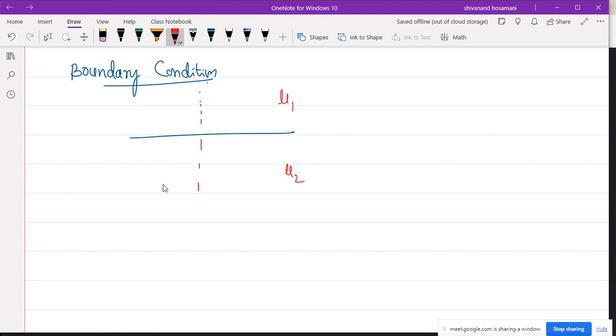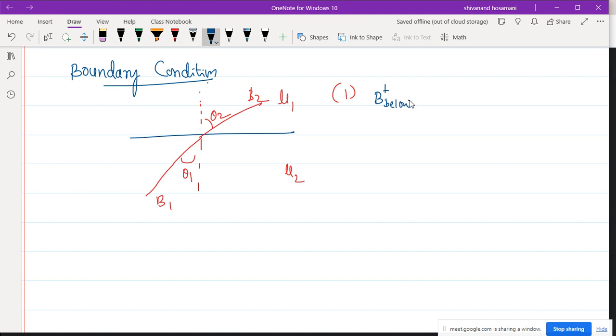If a magnetic field enters with an angle theta 1 with respect to the normal, then it exits at theta 2 with respect to the normal. Let us consider this is B1 and this is B2. Therefore, same here, also boundary conditions.